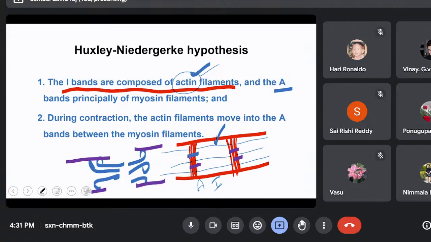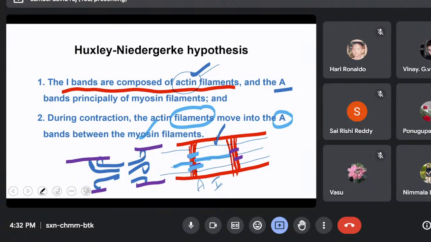What these scientists, Huxley and Niedergerke, say is that during contraction, the actin filaments, that means the thin filaments, move into the A bands between the myosin filaments. So this is one myosin filament, another myosin filament, and during the process of contraction, these actin filaments move into the Hanson's disc.